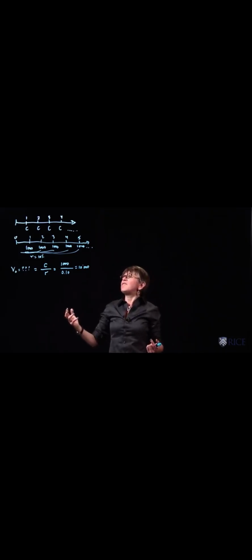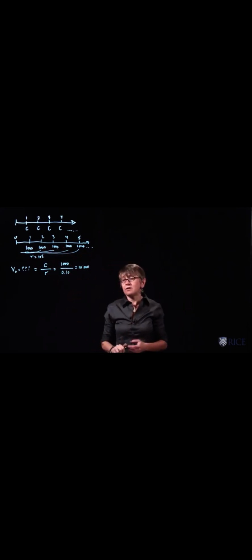Now, let's think of a scenario where the payments are growing at a constant growth rate g. Let's suppose that the payments are growing at 5%, so g is 5%.